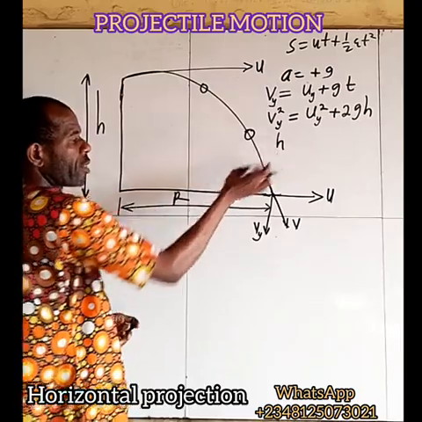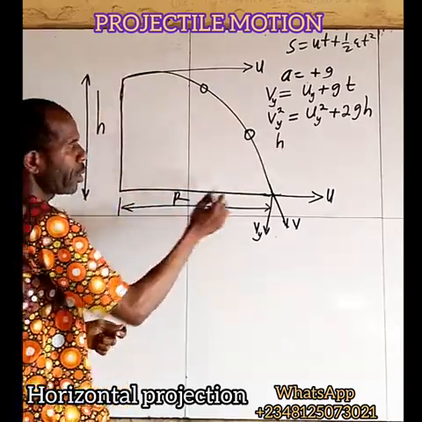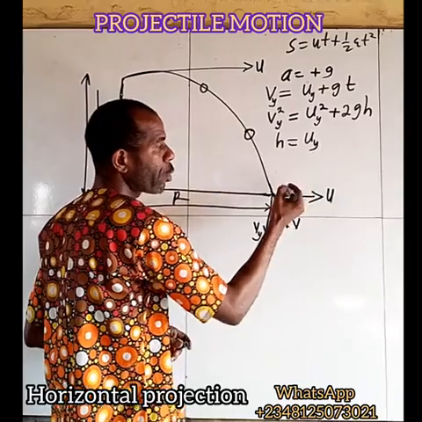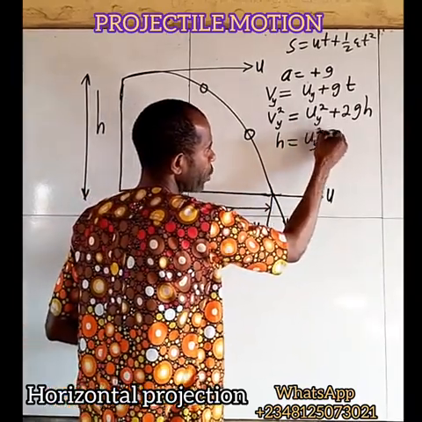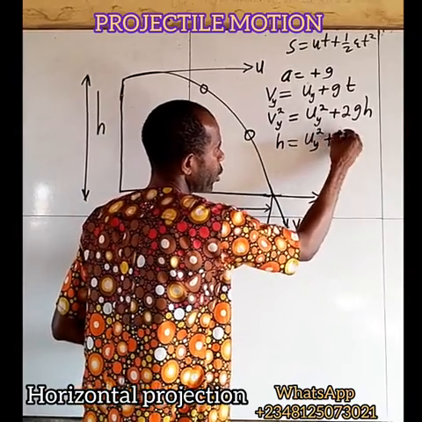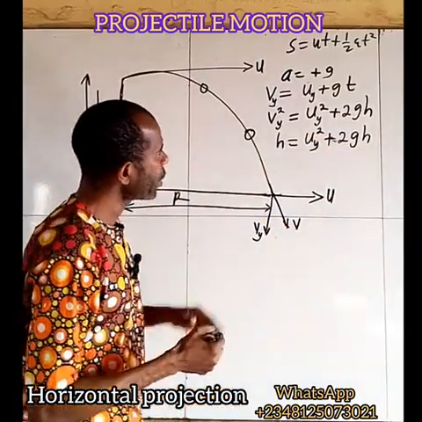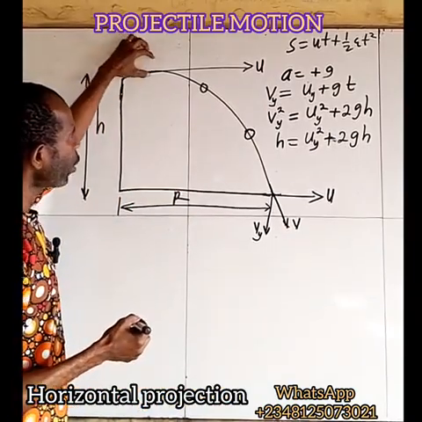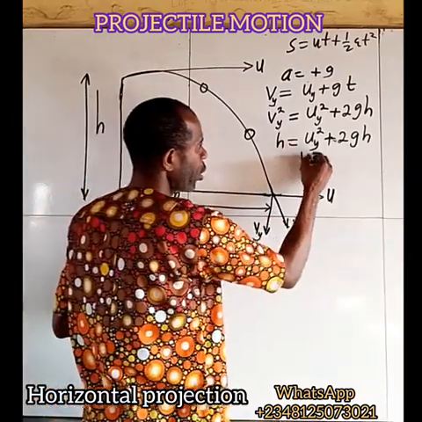Since this one is dealing with vertical motion, considering the height of the tower or the building, we get vy squared equals uy squared, the initial vertical velocity, plus 2gh.